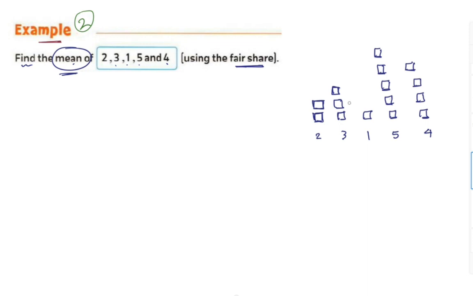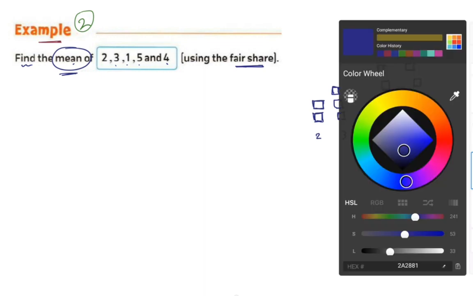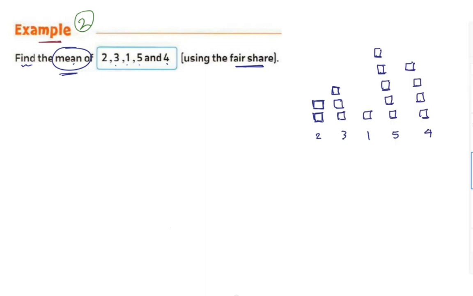Okay, now, the fair share way to find the mean is like that. I need to distribute these squares into these places equally. How? Watch with me. Now I have here 2, here we have 3, here we have 1, and here 5 and 4.